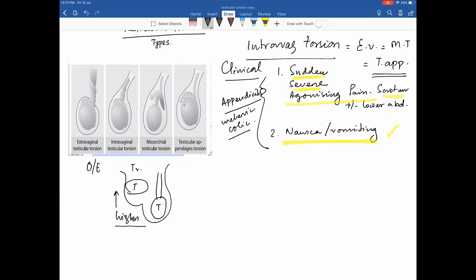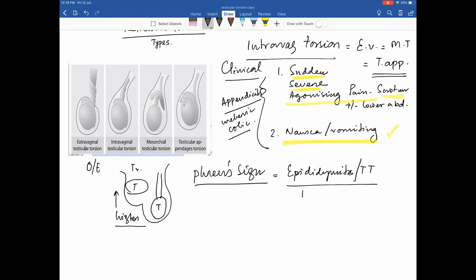Now, as I've said, the affected testis is on the higher side and is transversely placed. There is something called Prehn's sign, which is usually asked as part of your viva questions and MCQs. What is Prehn's sign? Remember that it is used to differentiate between epididymitis and testicular torsion. In epididymitis, elevation of the scrotum will relieve the pain.